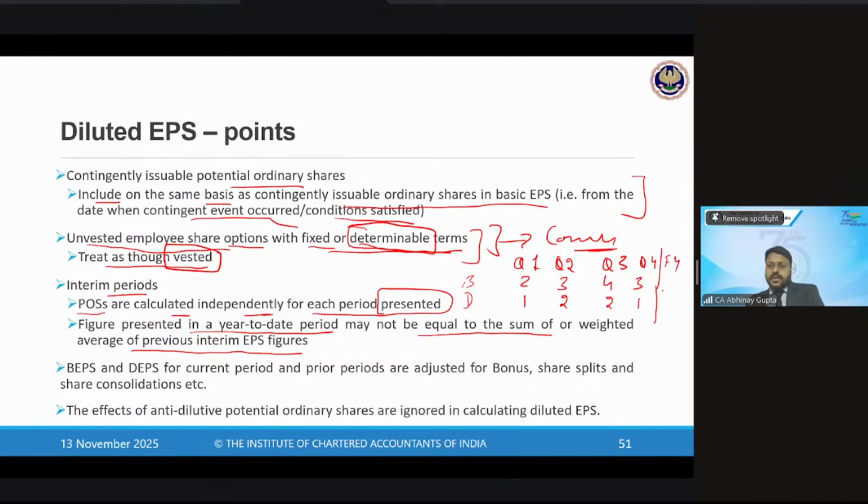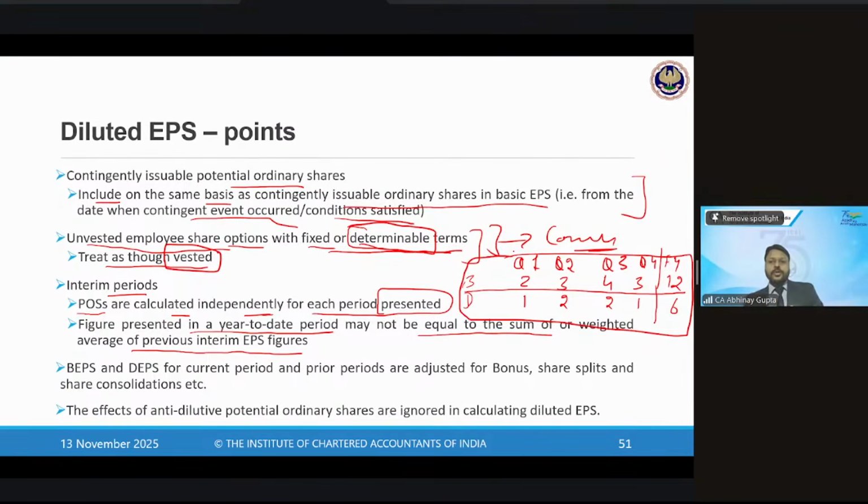Then can you say that for the full year it would be the summation of these: 2 plus 3, 5, plus 4, 9, plus 3, 12 rupees, and 1 plus 2 plus 2 plus 1, 6 rupees? Is it doable? No, that's wrong.